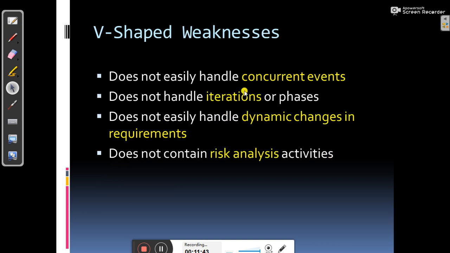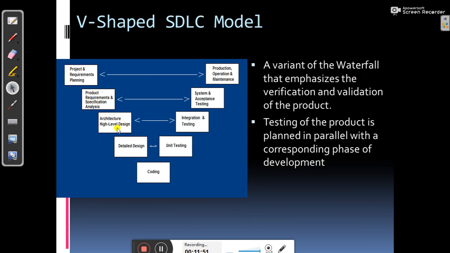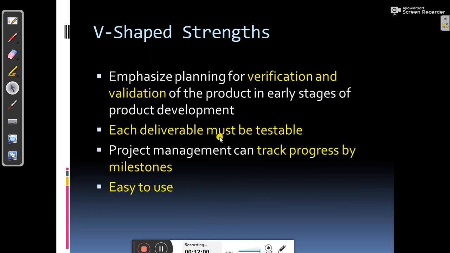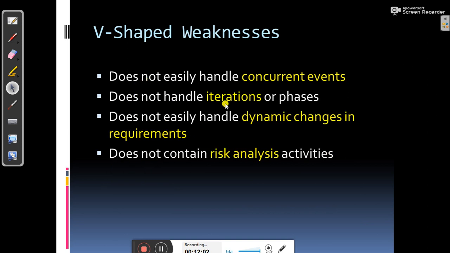Weakness is that it does not easily handle concurrent events. If some events, like architecture, high level design and detailed design, are happening concurrently, then it will be a problem to test in that type of concurrent situation. It does not handle iterations of phases, and does not easily handle dynamic changes in requirements.